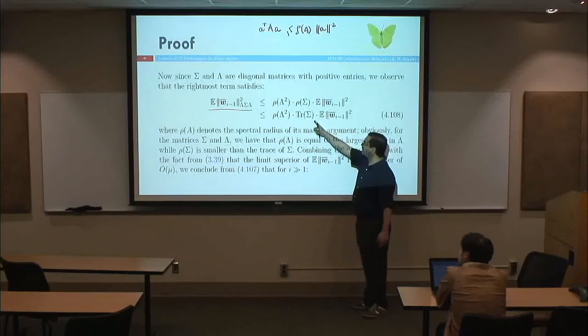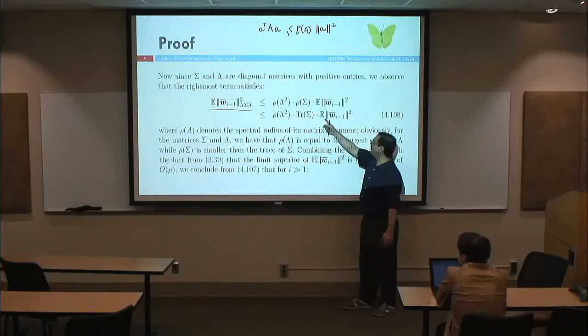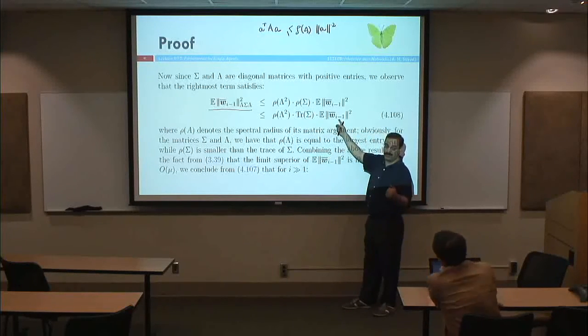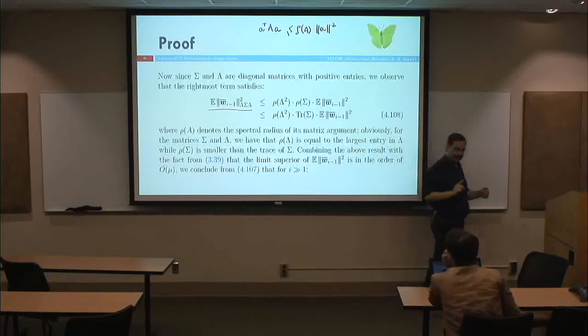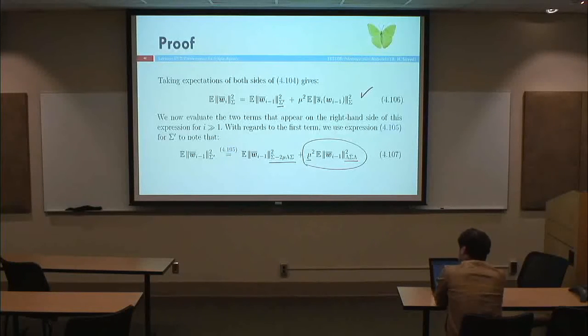But the important thing is that I removed the weight, replaced it by some number independent of W bar, and this is of the order of mu. I already know this is of the order of mu in steady state, right? So this quantity here is of the order of mu, because something times mu. And then there is mu squared.